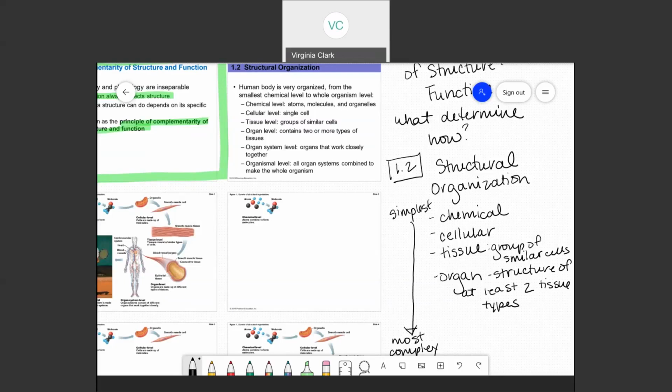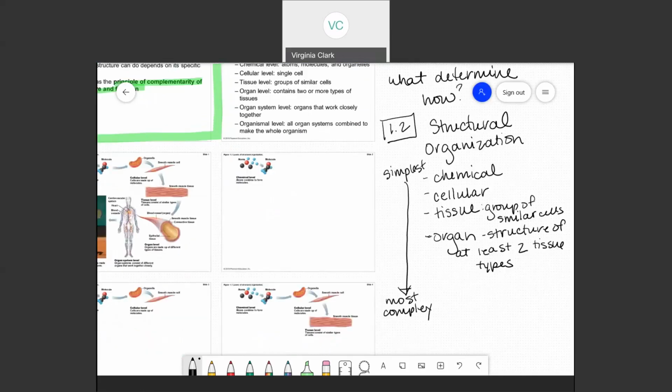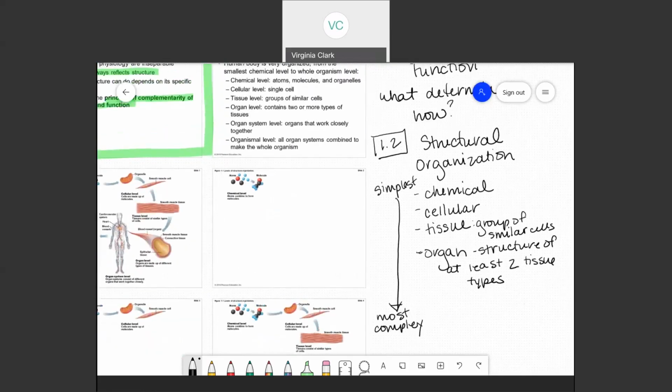And if you put that cardiac muscle tissue with nervous tissue, you're going to get an organ, and the organ in that example is the heart. So you've built this structure from the simplest to the most complex. There are 2 more levels within the structural organization. After the organ level, you're then going to go to the organ system level.